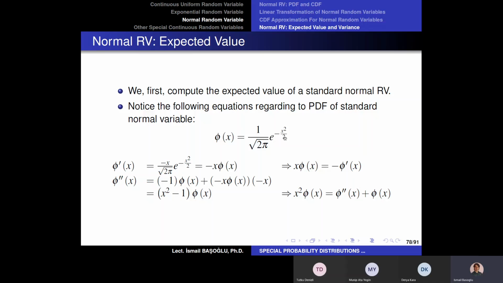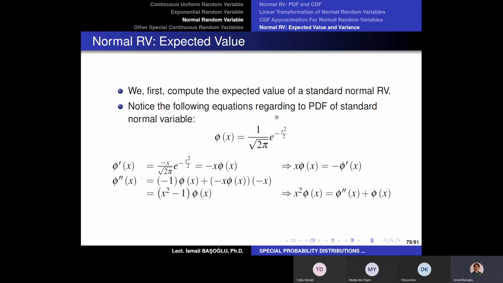However, in the power of this exponential function, we have another function. Therefore, we need to apply the chain rule, and we need to multiply this function with the first derivative of the power. And the first derivative of the power is minus x.